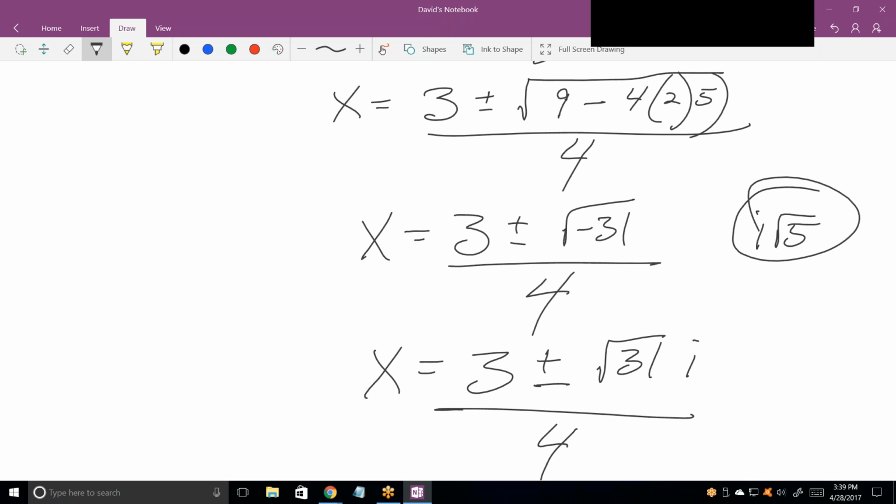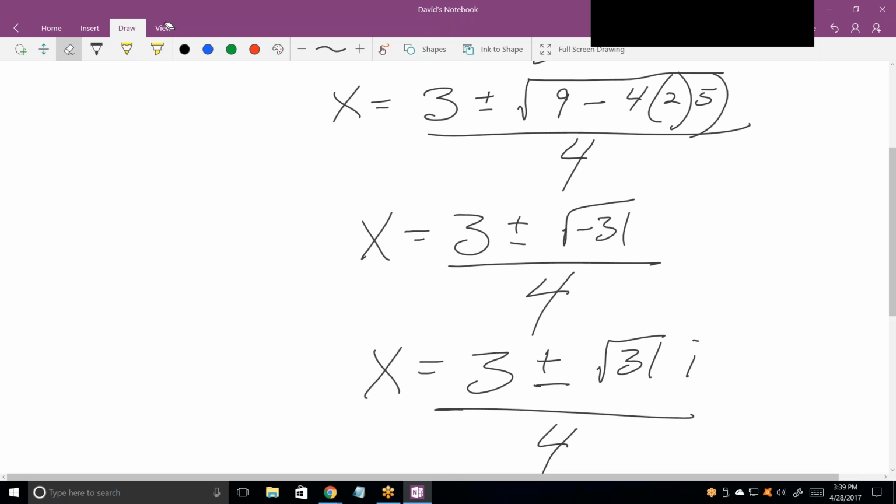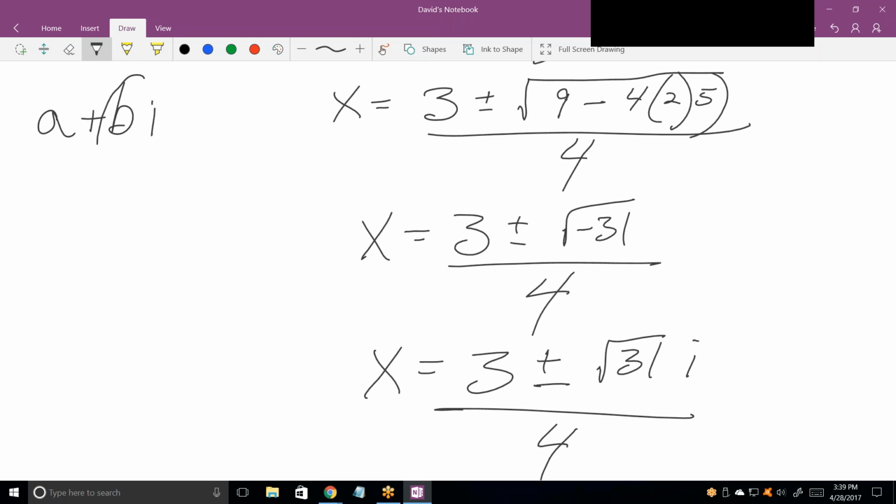That's not the way mathematicians write it. They write square root of 5 times I. In other words, the standard format for a complex number is A plus BI. So the coefficient of the imaginary term is always in front.